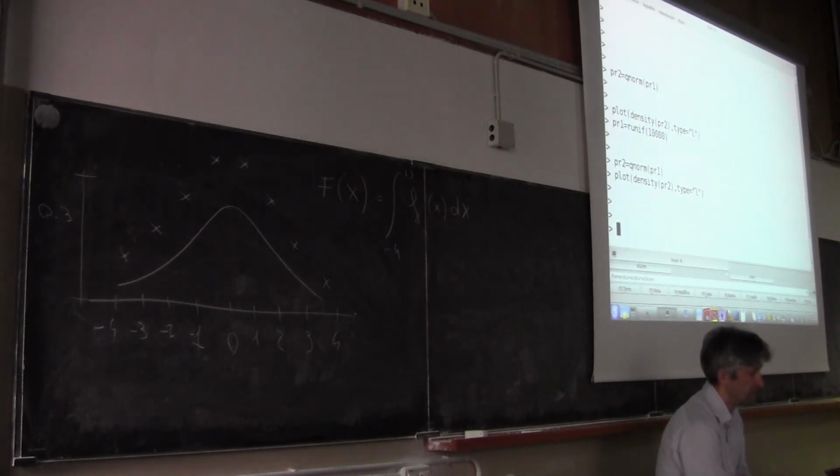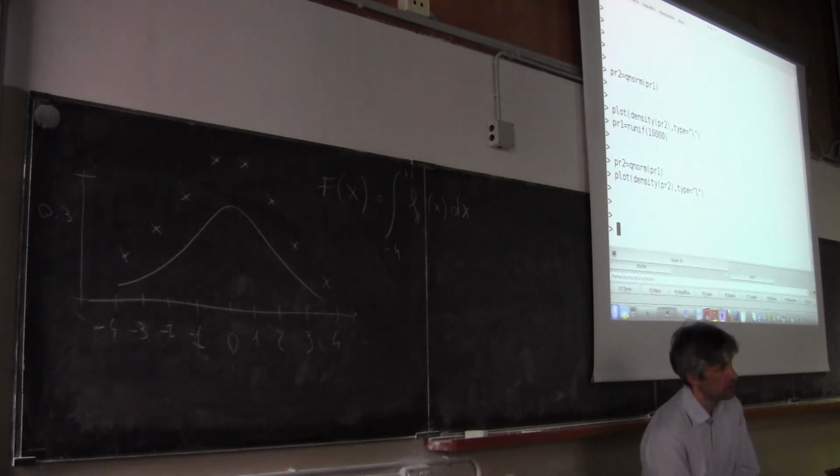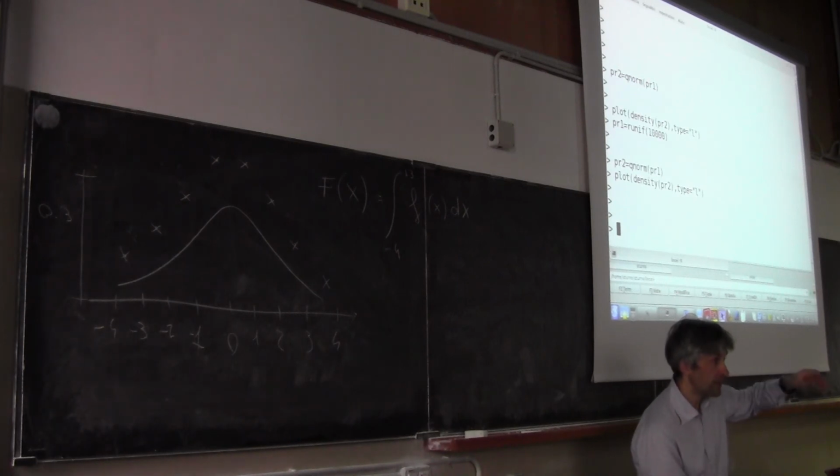So, what I did, basically, is for each outcome from the uniform, which is comprised between 0 and 1, I assume that these are probabilities that are uniformly distributed, and then I compute the inverse of the Gaussian for each probability.